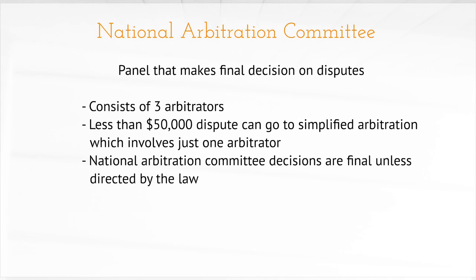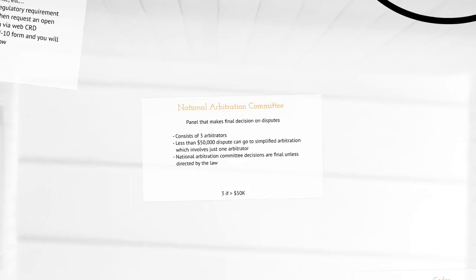And because the members going into the arbitration have agreed to it ahead of time, the decisions made by the committee are final unless there's some law overruling them. So remember, if the issue involves greater than $50,000, there are 3 arbitrators. Less than $50,000 is going to be 1 arbitrator.